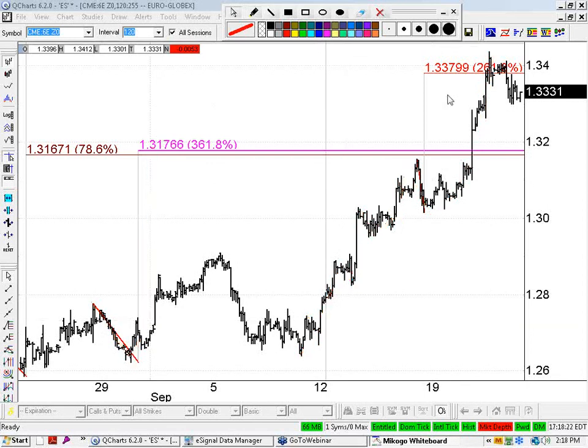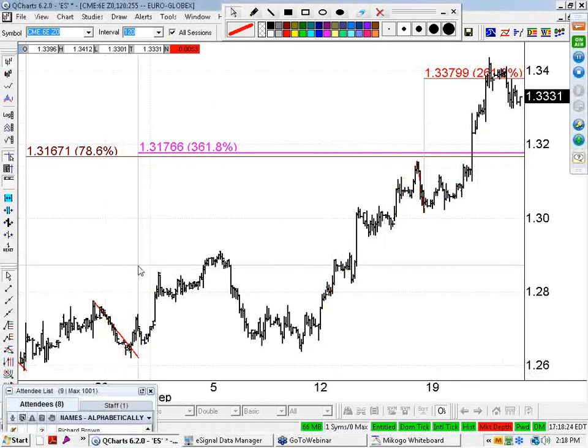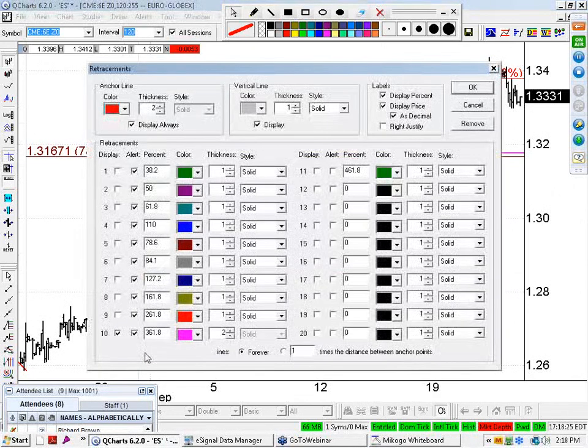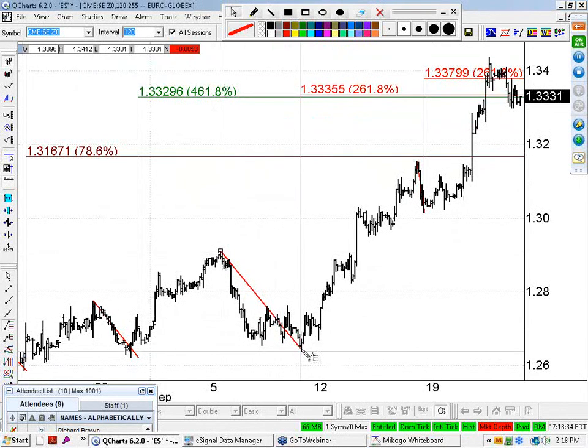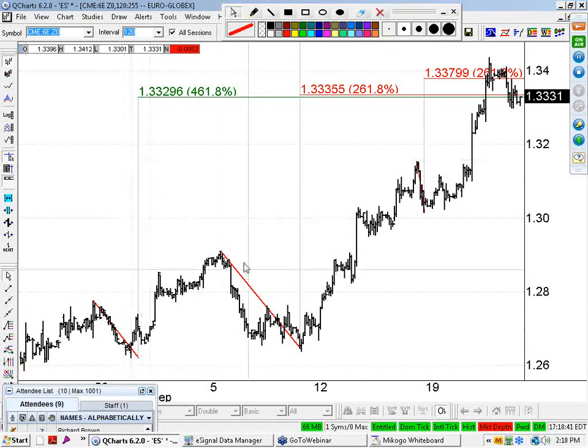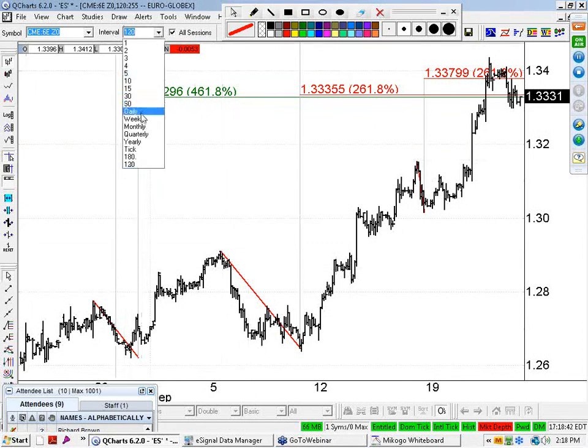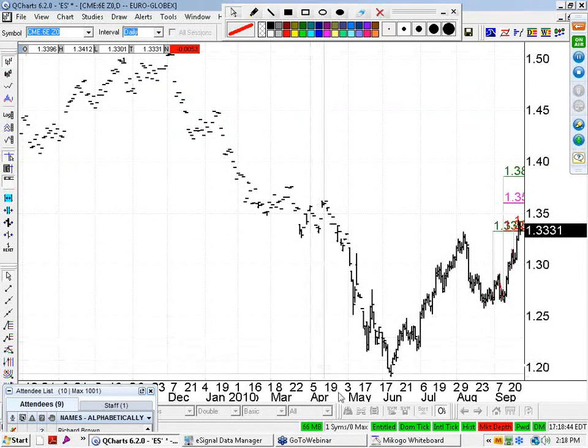Well, that 361 now gets shifted up to what? 461. And this first level supporting structure, this guy's 261 supports the dominant 461. I'm going to get rid of the 78%. Now I'm going to go back to the daily chart and put things in perspective.